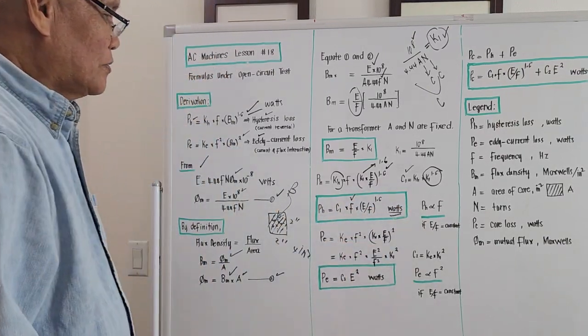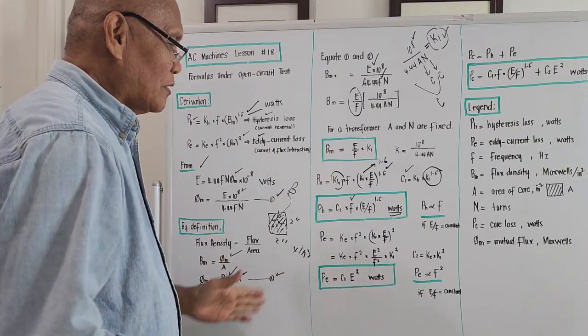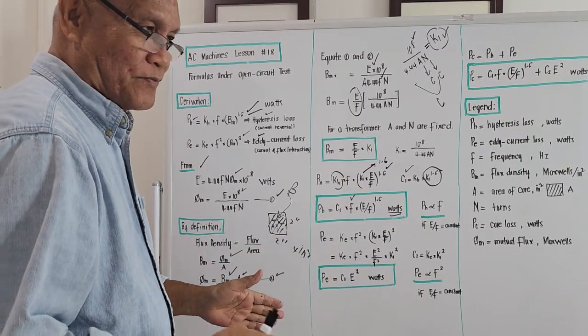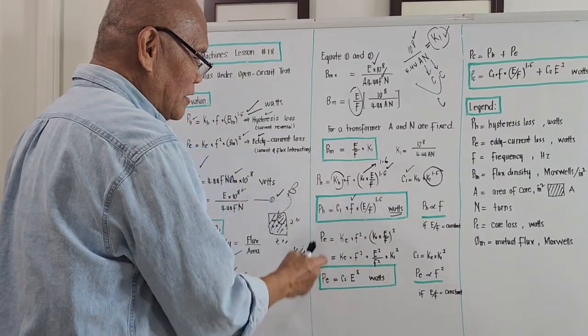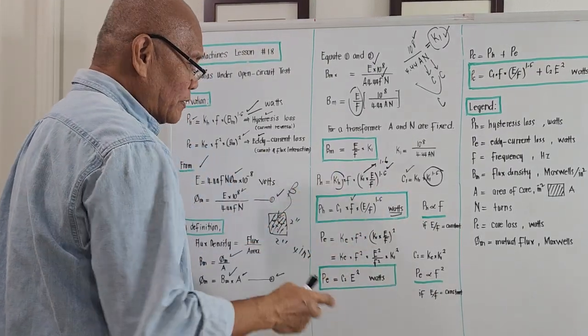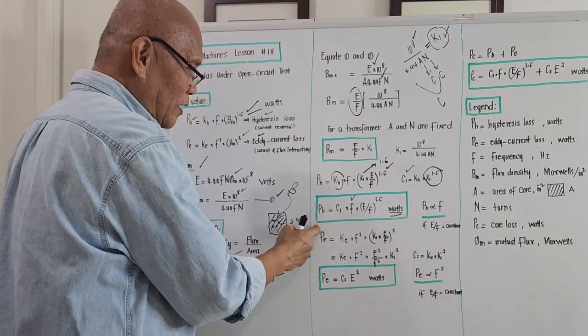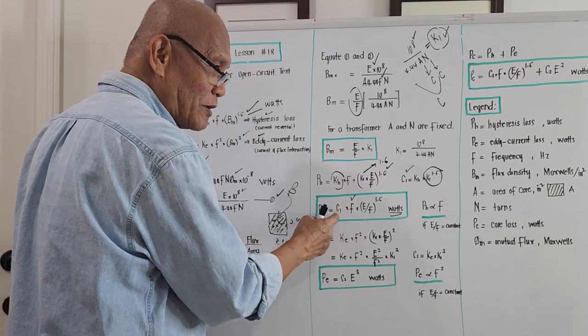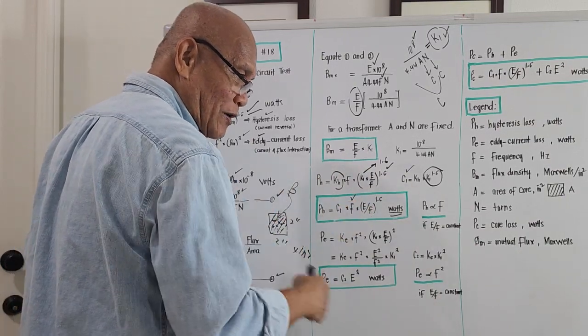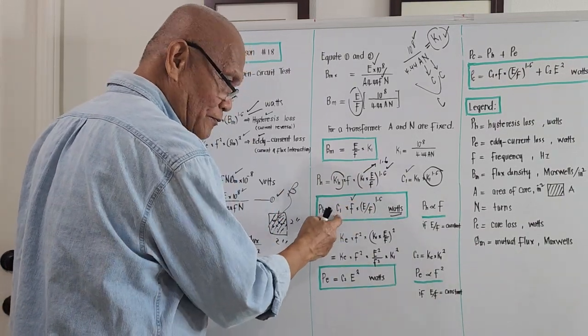The right hand side is actually an exponential function because the power is 1.6. So for any transformer, the hysteresis loss will have a certain constant C sub 1. For the meantime, we do not know the value of this, so when you are given a problem, you must compute for this.